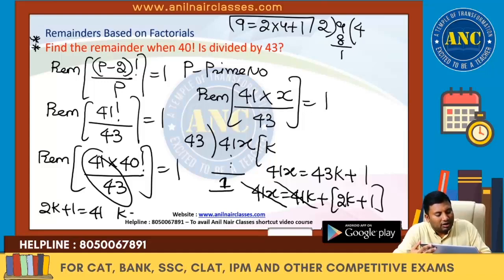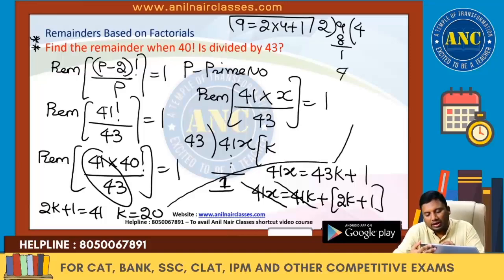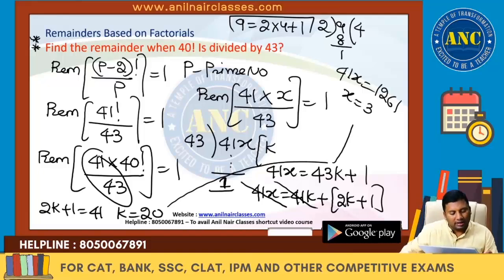So the k value is nothing but 20. If I substitute it, 41x is equivalent to 43 into 20 plus 1, which is 861.